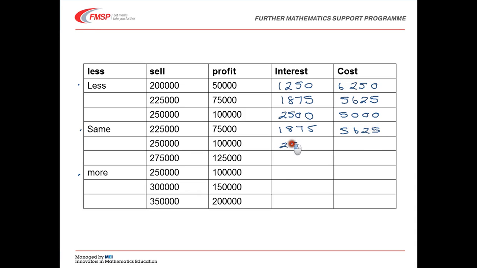And this one is still going to be 2,500 and 5,000. And here, if we manage to sell for 275,000, then we'll have interest of 3,125 and 4,375.